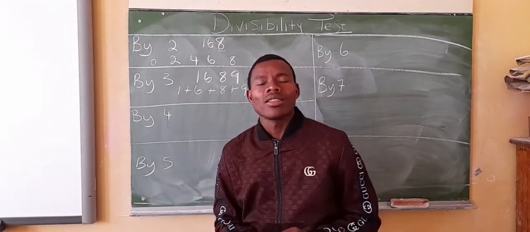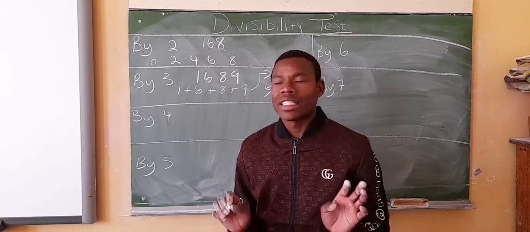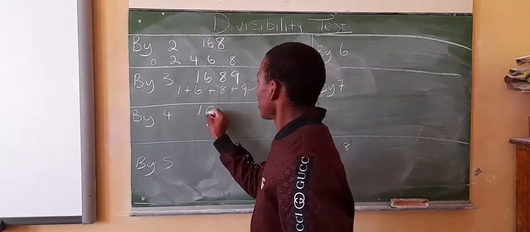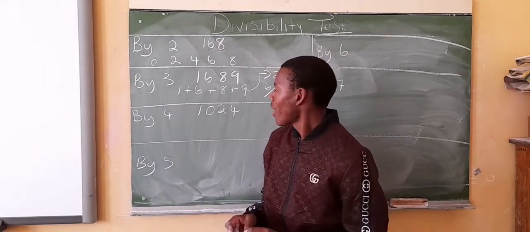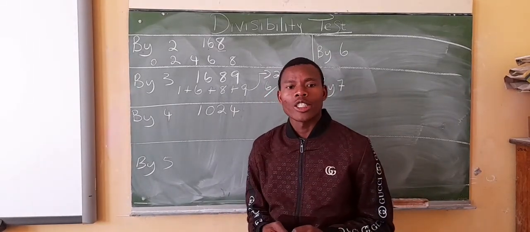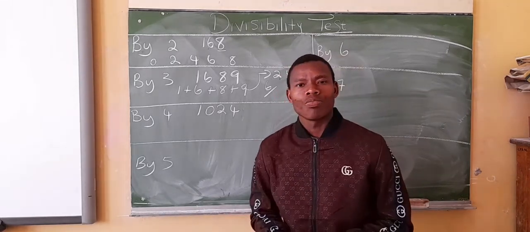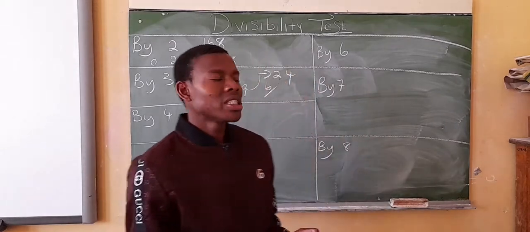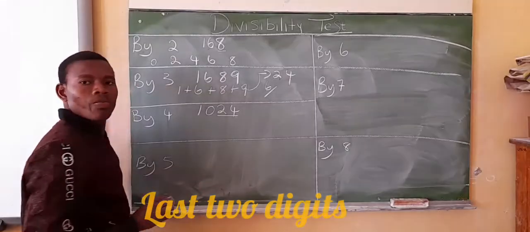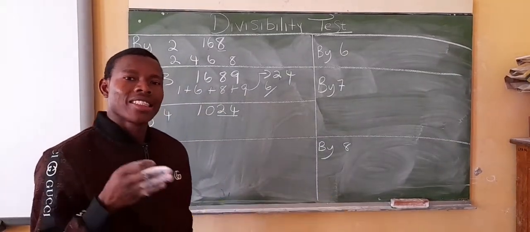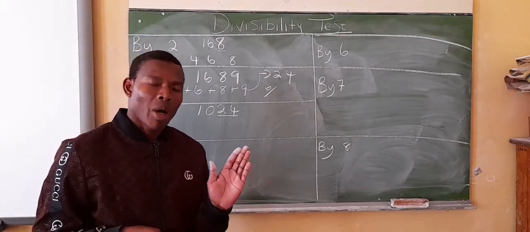Let's come to divisibility by 4. How do you know whether a number is divisible by 4? Let's take a general example, 1024, and you are asked whether the number is divisible by 4. For the number to be divisible by 4, we concentrate on the last 2 digits. If the last 2 digits are divisible by 4, then the whole number is divisible by 4.